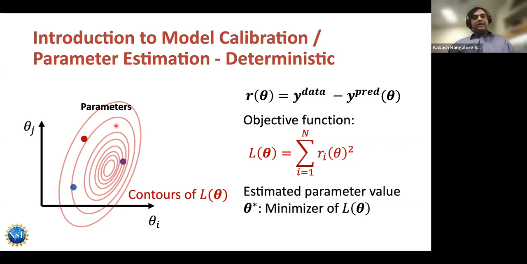Now, in deterministic estimation, the estimated value of the parameter would be that point in this parameter space which minimizes this objective function. So this is what deterministic model calibration or parameter estimation means. It's essentially an optimization problem where we are trying to minimize some objective function.